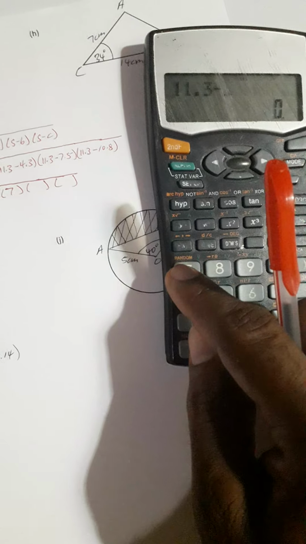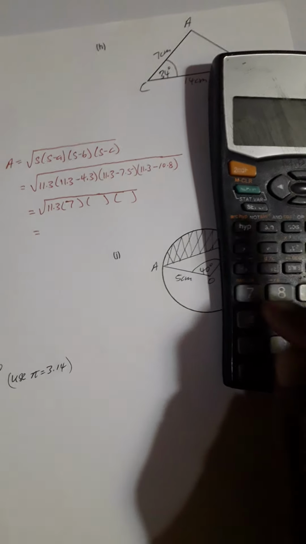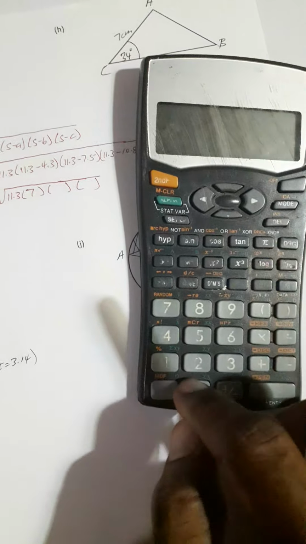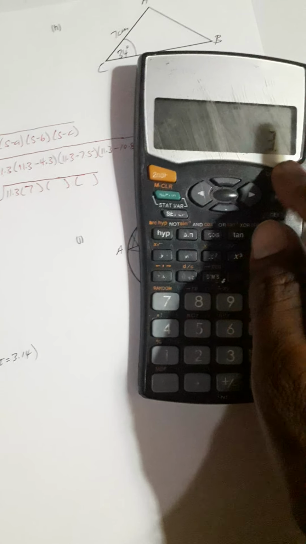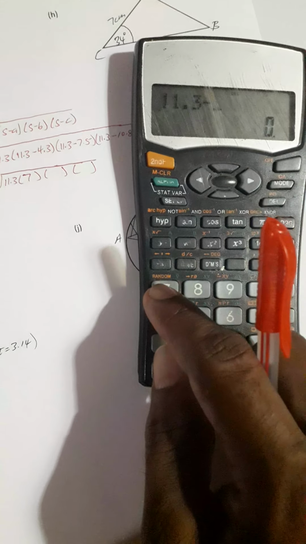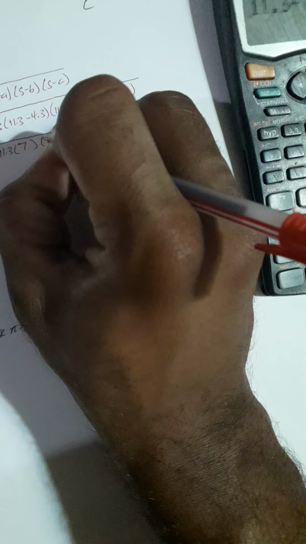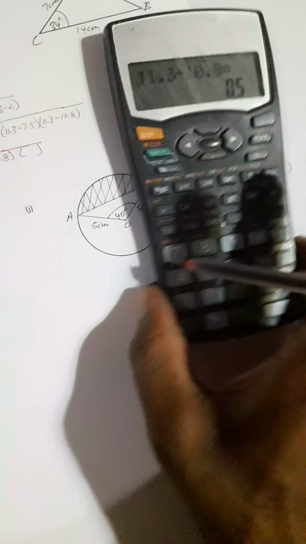Calculator not working. 11.3 minus 7.5 gives us 3.8. And now we have 11.3 minus 10.8 gives us 0.5.